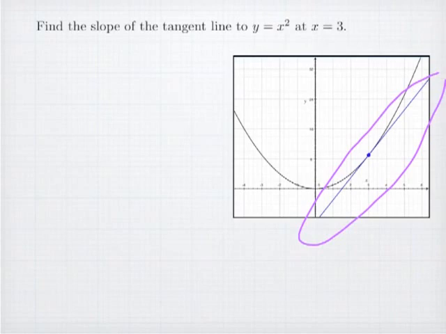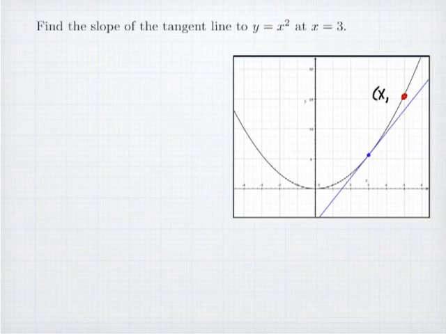This line is the tangent line. If I want to find the slope, I need to imagine a second point. I will call this second point x, f of x. And our first point is at the point 3, f of 3.